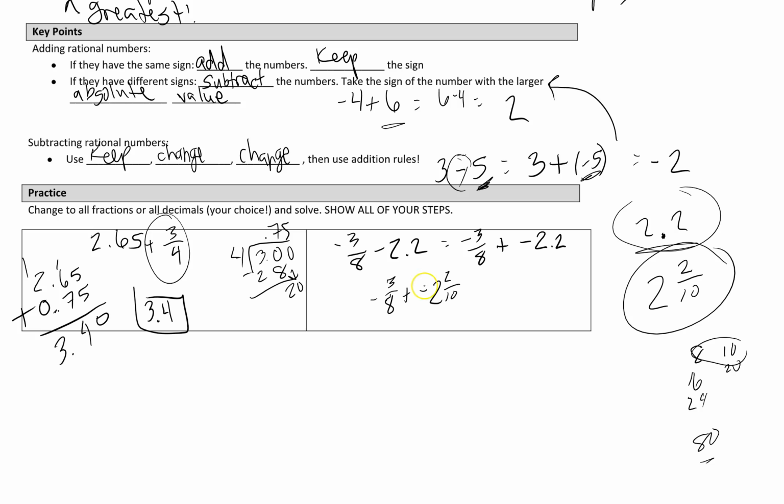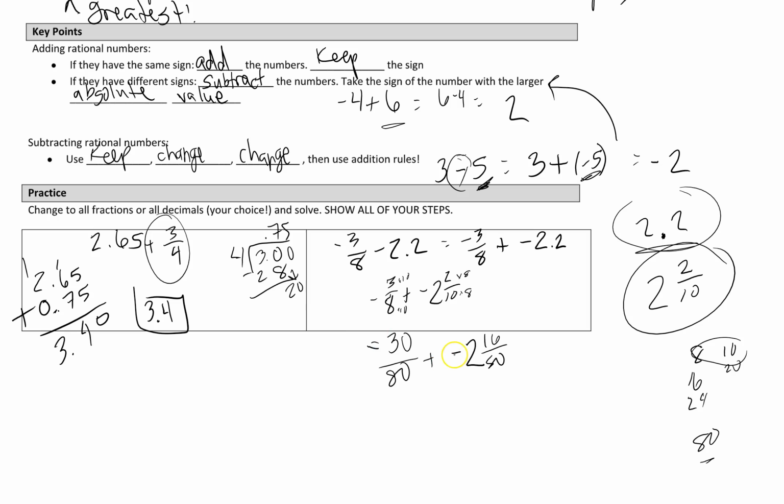So let's leave it as 80 for now. So I'm going to multiply by 10 over here to get me to 80, and I'm going to multiply by 8 over here to get me to 80. So 3 times 10 is 30, so -30 over 80, plus -2, the whole number can stay, we're just changing the fraction, 16 over 80.